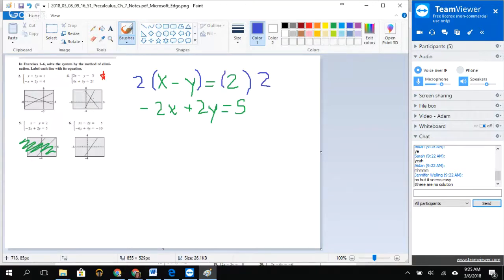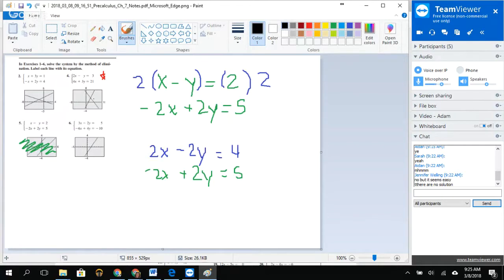We're multiplying both sides by 2. So if I transform my top equation by multiplying by 2, I get 2x minus 2y equals 4. My second equation stays the same, minus 2x plus 2y equals 5.